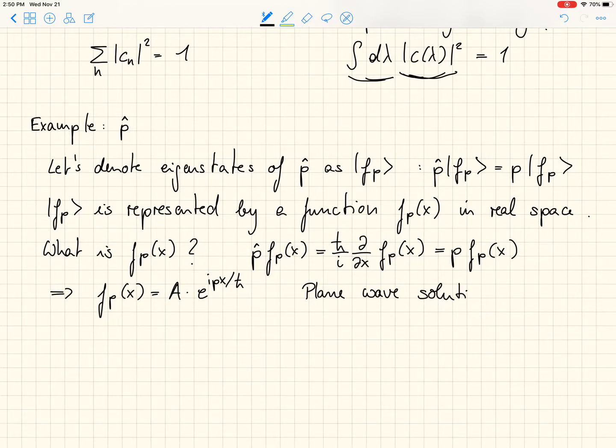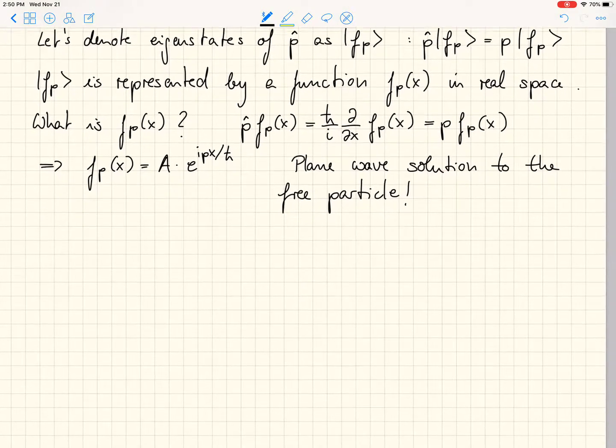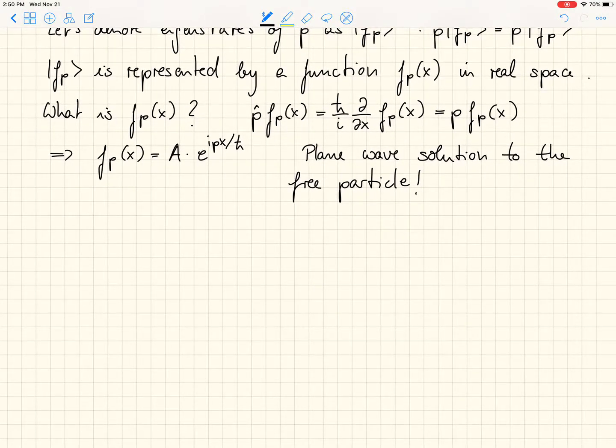This is the same as the plane wave solutions that we encountered when we discussed the free particle. Which makes sense, because what we now also very clearly see is that the plane waves are states with well-defined momentum.